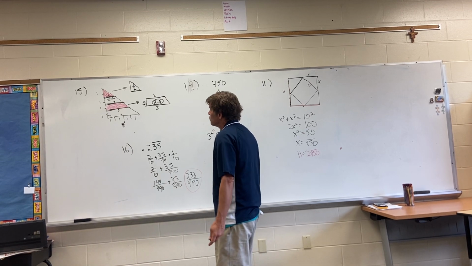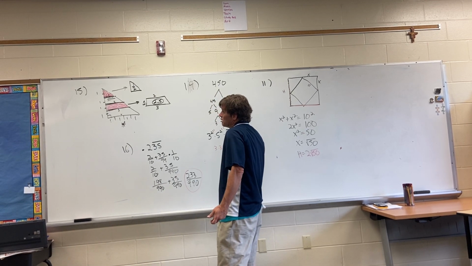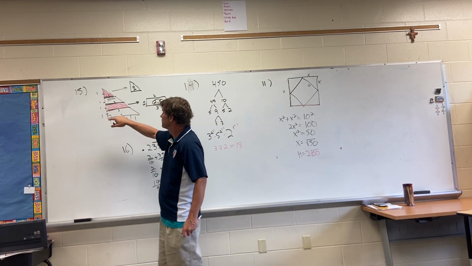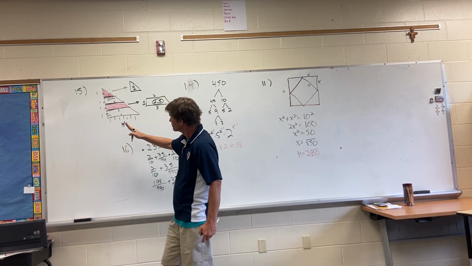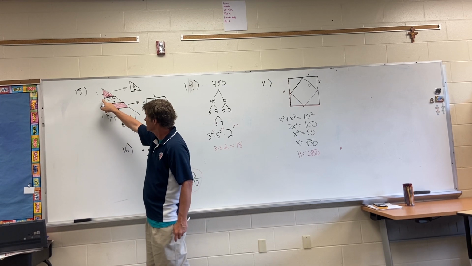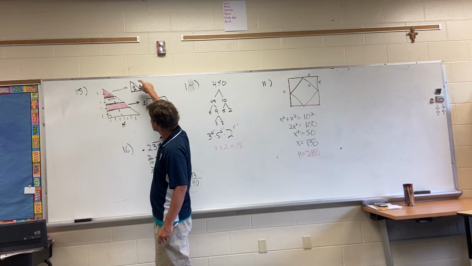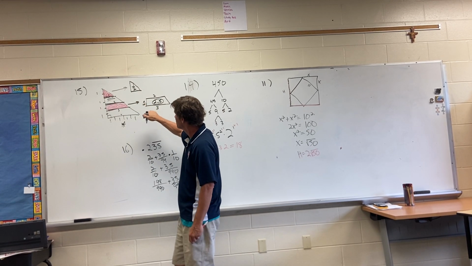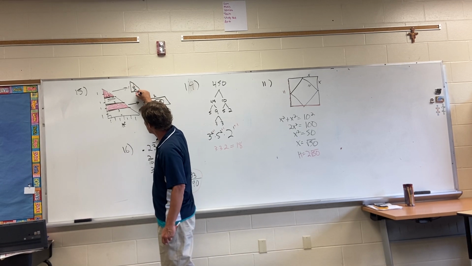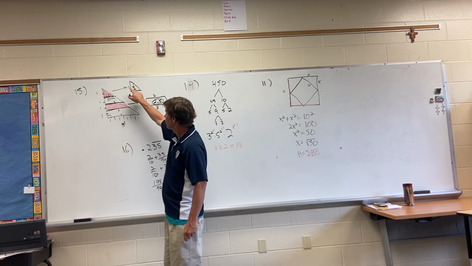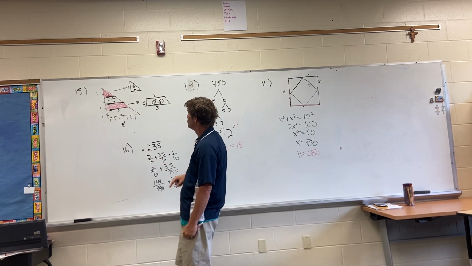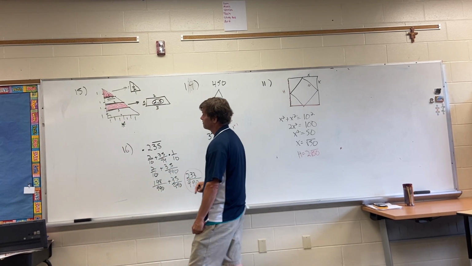So then what I literally did is I said, well, okay, let's break out the little red pieces. If we have a right triangle here with a height of 1 and a base of 1, then the area of that triangle is 1 times 1, which is 1, but then divided by 2 because it's a triangle, so it's 1/2.